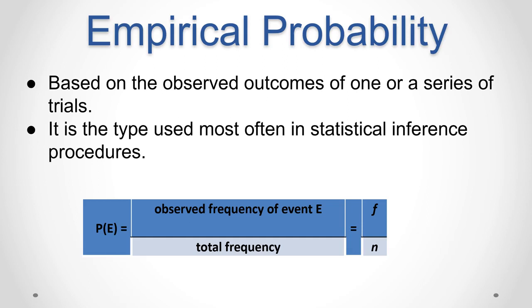Would we get the same number of students preferring vanilla ice cream? Probably not. However, as we increase the number of trials or runs of a probability experiment, our probabilities become more accurate. Again, the law of large numbers. Other examples of empirical probabilities are prescribing medical treatments, determining insurance rates, forecasting weather, and so on.